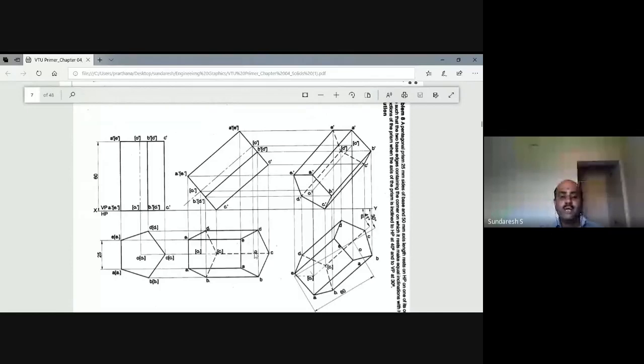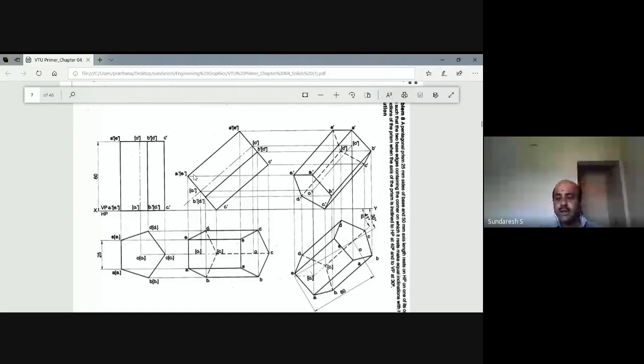Now the length of this axis, O and O1, in the second position top view is a foreshortened length of the axis. The original length of the axis is 60 millimeters.